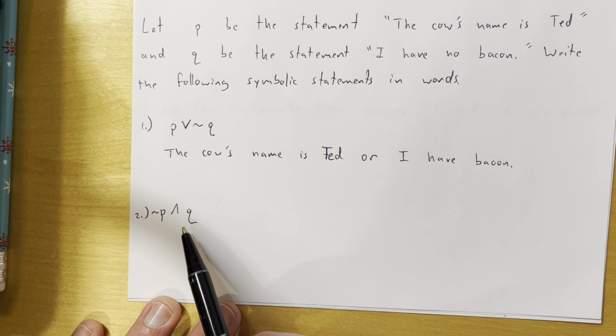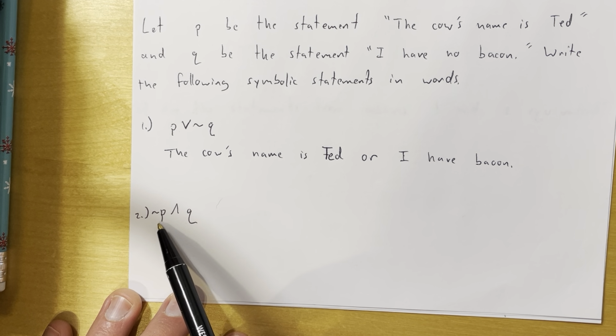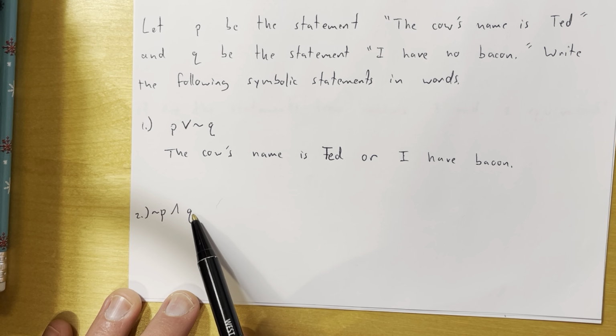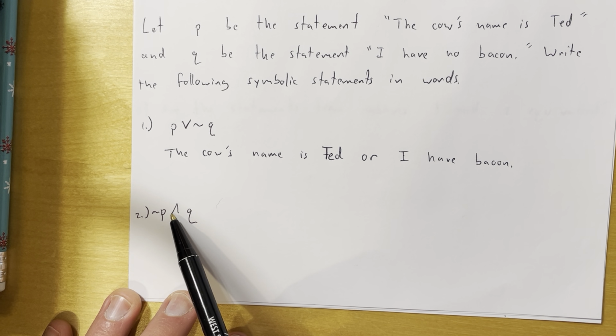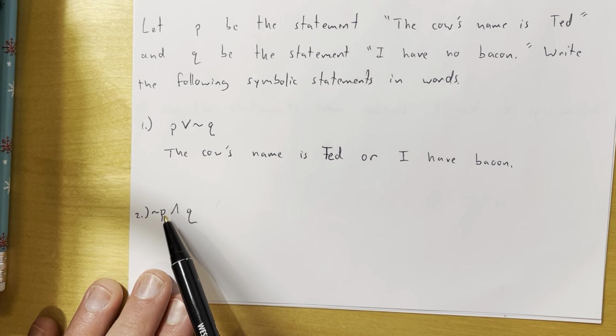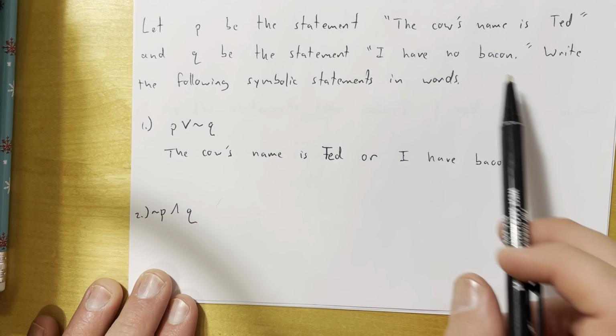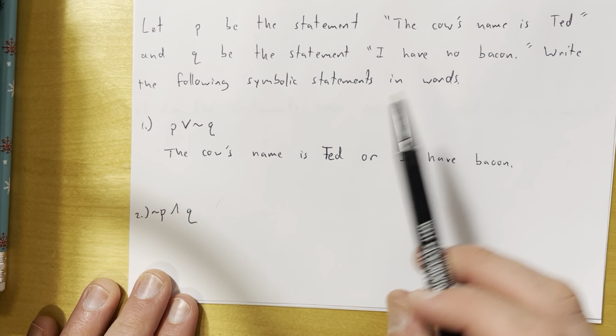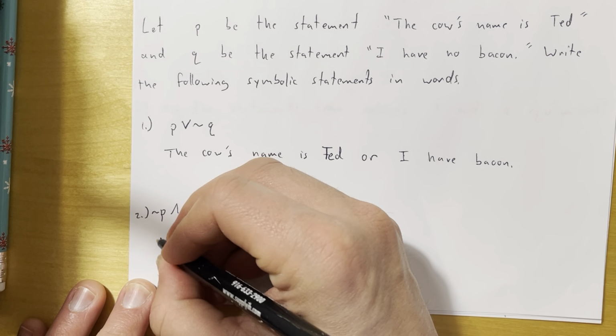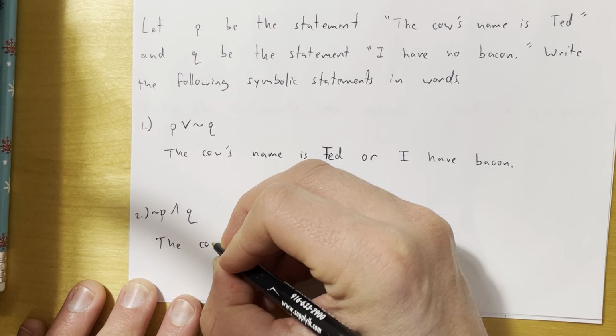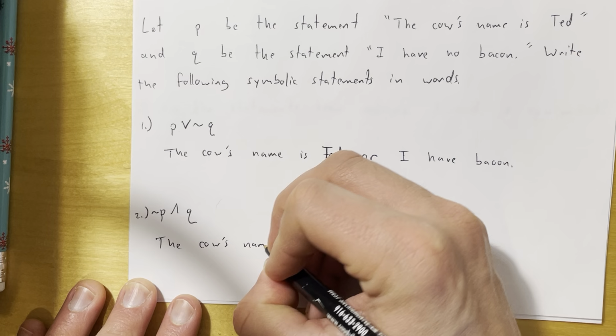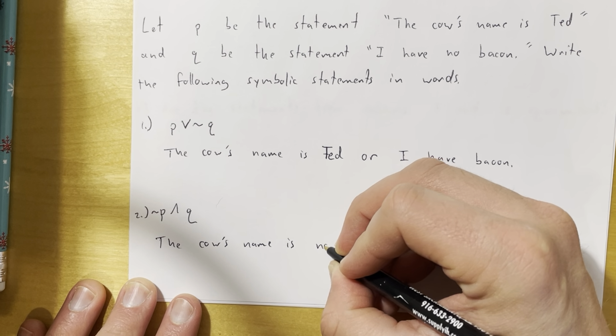Next one is similar. It says not P and Q. This upside down capital V is for conjunctions. It's the symbol for the word and, basically. So we start with not P. P says the cow's name is Ted. So we need the negation of that, which would be the cow's name is not Ted.